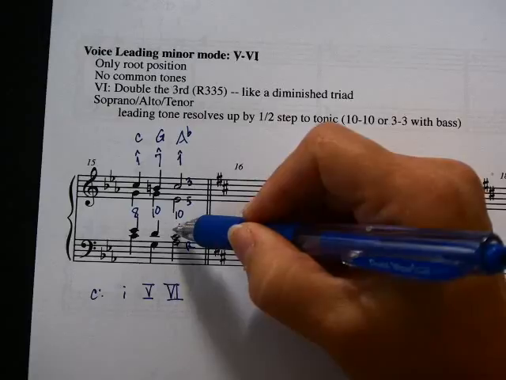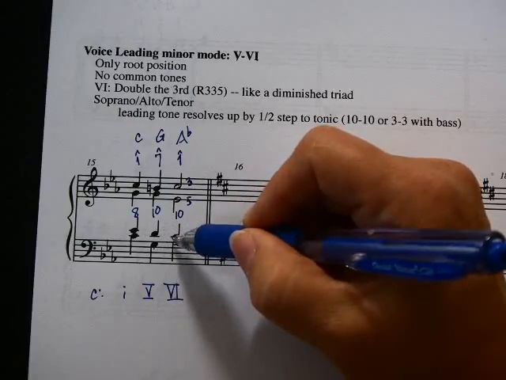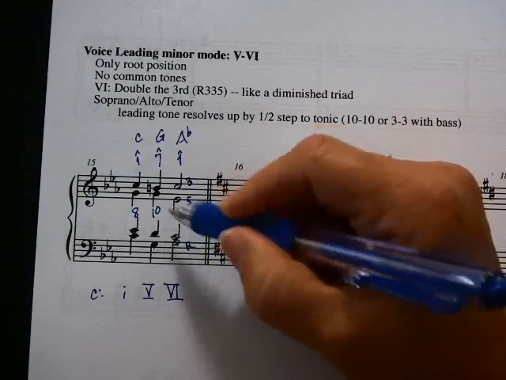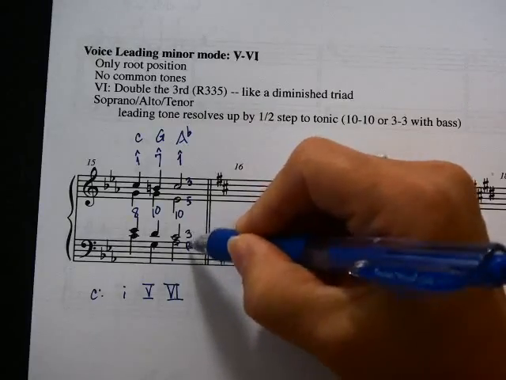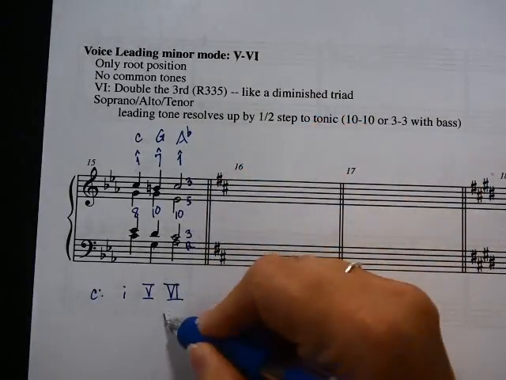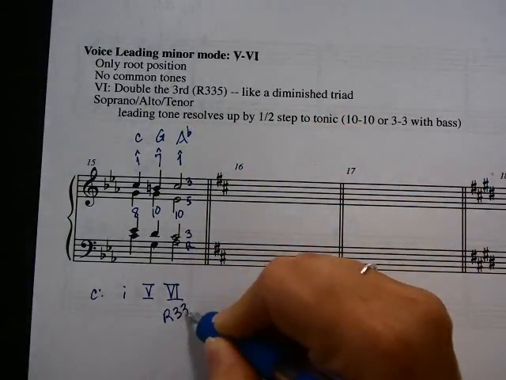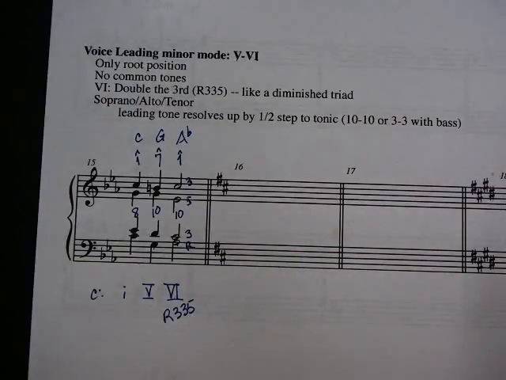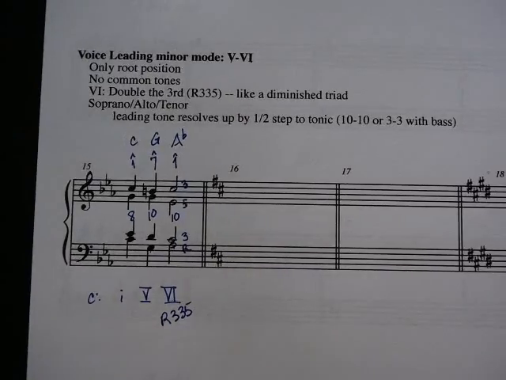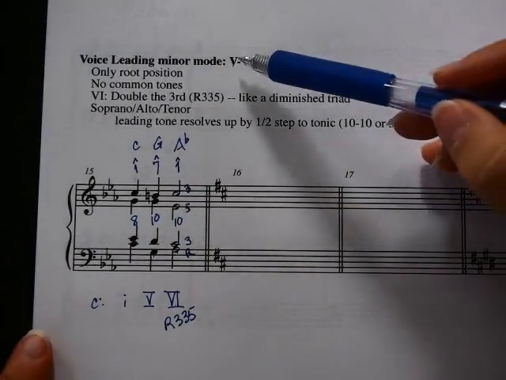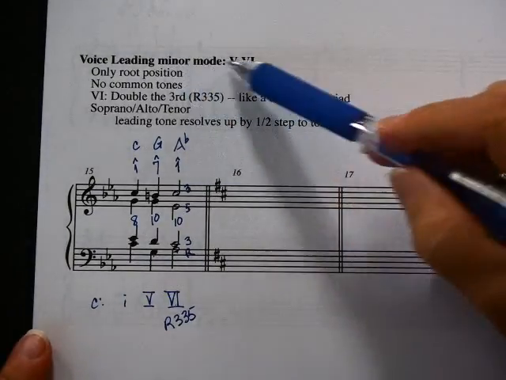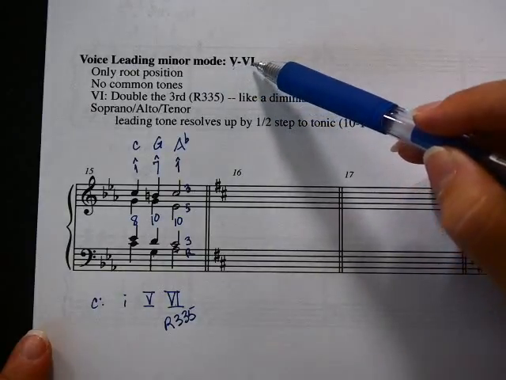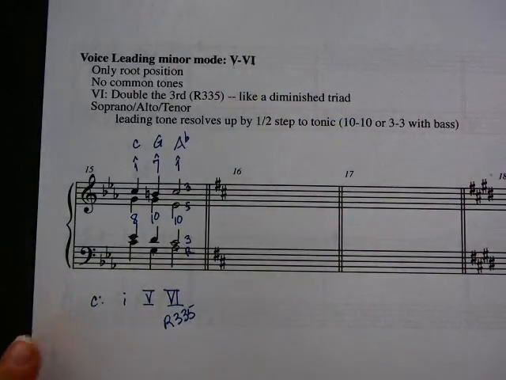Its only choice is to step down to C, doubling the third. So root, third, third, fifth, like you would double a diminished triad. That is very specific to voice leading when you're in the minor mode and 5 moves in root position to a 6 in root position, such that their roots are a minor second apart.